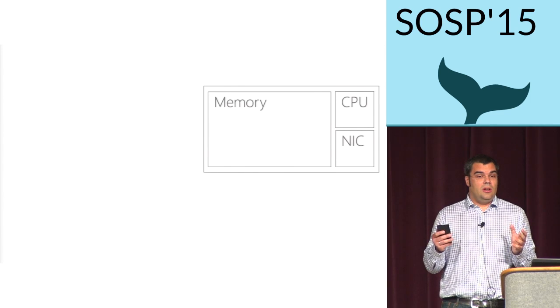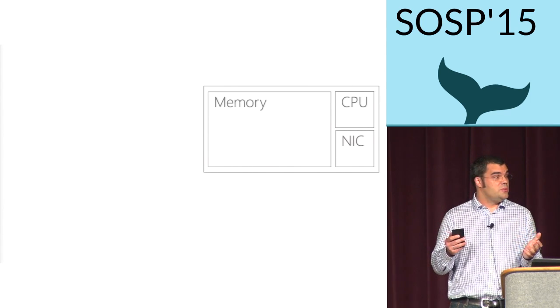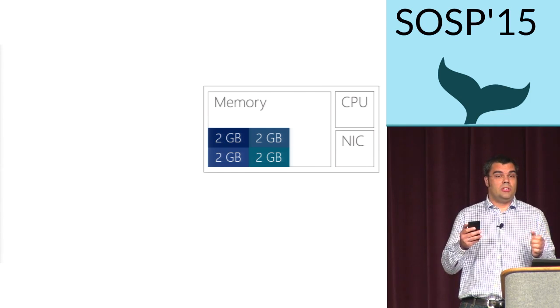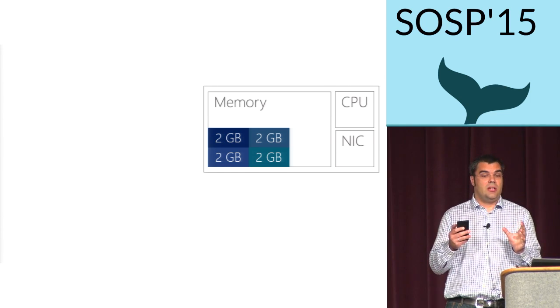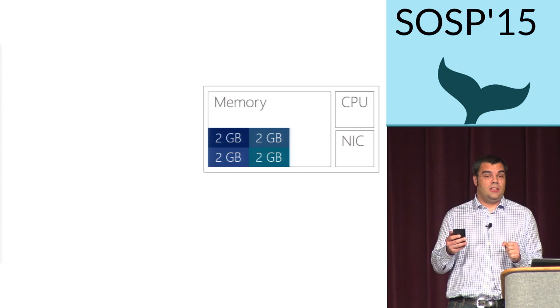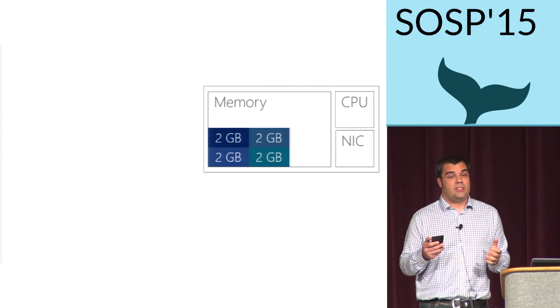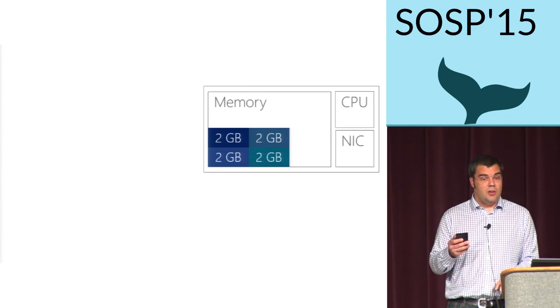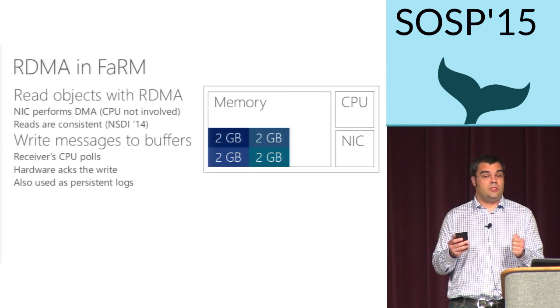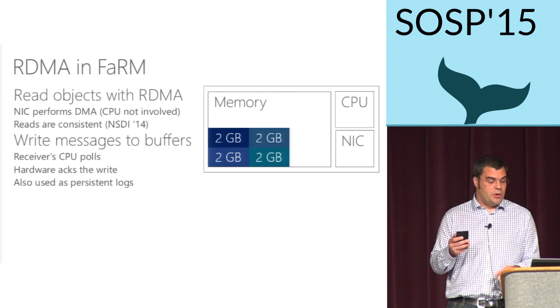So each machine in the FARM cluster contributes most of its memory to the shared address space. The reason is that we basically keep all the data in main memory. And this is done in these chunks of 2 gigabytes in size, which we call regions. And these chunks are exposed for access over RDMA, which lets FARM use RDMA reads to read objects during the normal case operation.